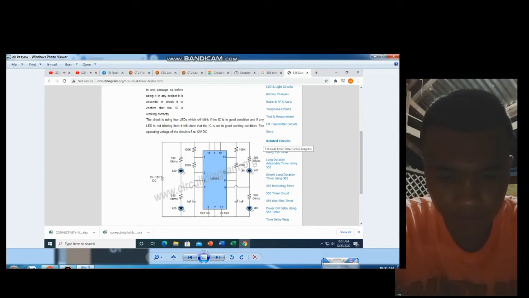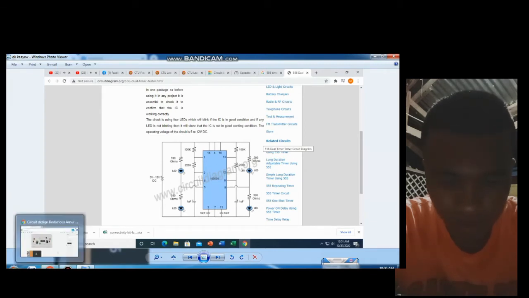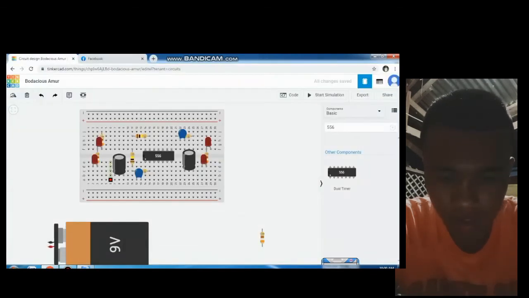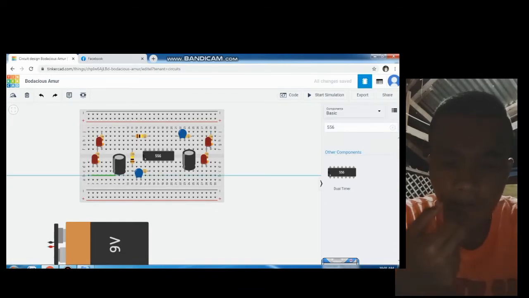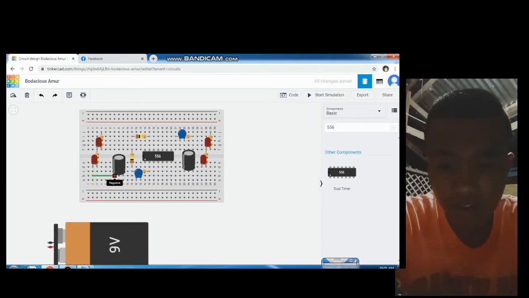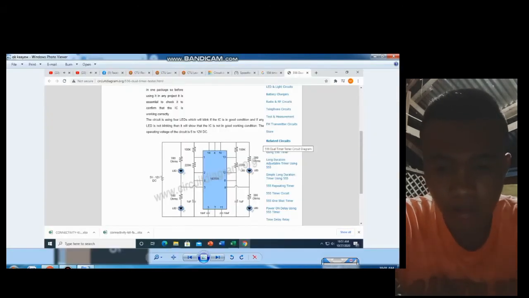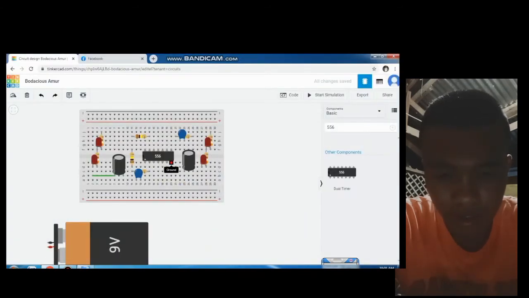The other one 390, and next step is we connect the components to other components, and important we follow the circuit diagram.